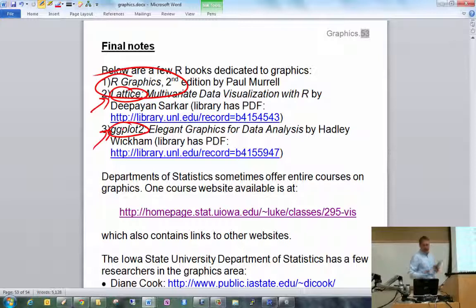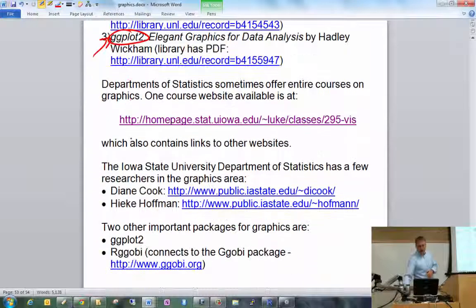Now, there are actually some departments of statistics that offer entire courses on graphics. We do not here. At my grad school, K-State, we did, but unfortunately I wasn't able to ever take it. It couldn't fit in my schedule. But here's a nice little website on a graphics course. This is at the Department of Statistics at Iowa State. It is offered by a professor by the name of Luke Tierney.